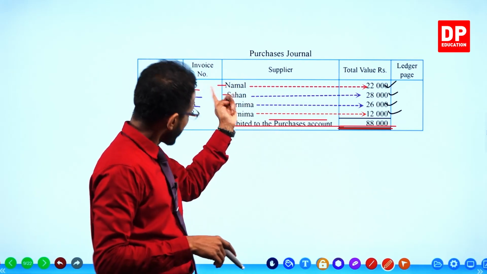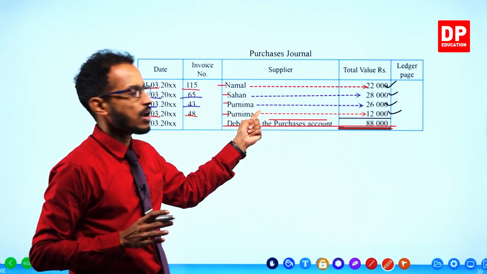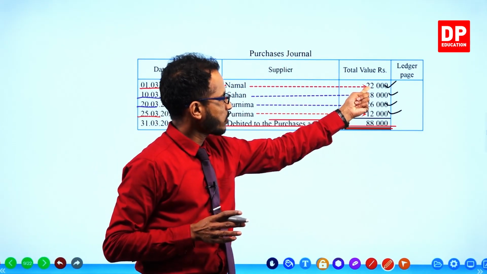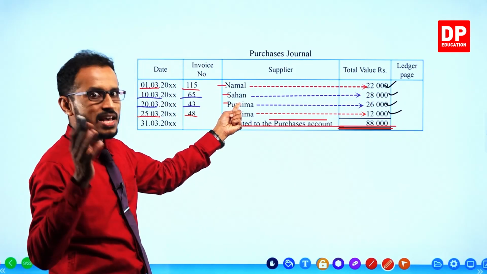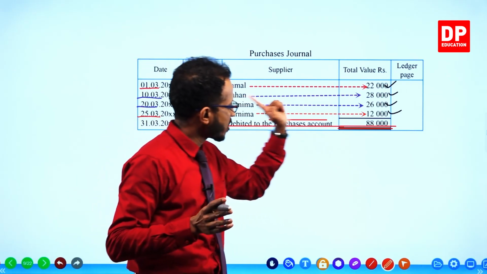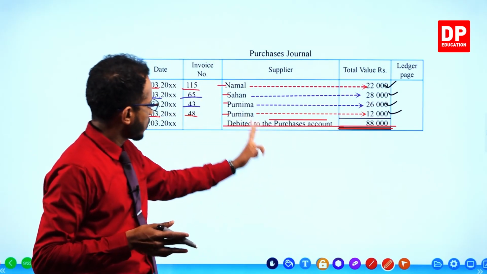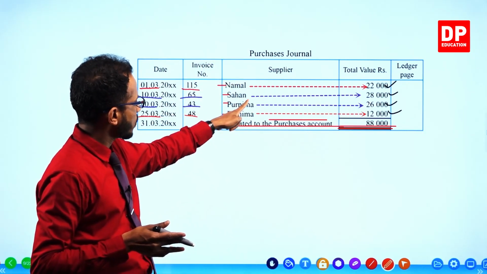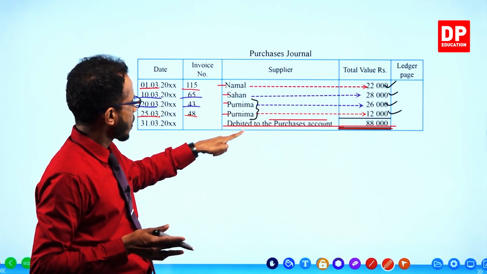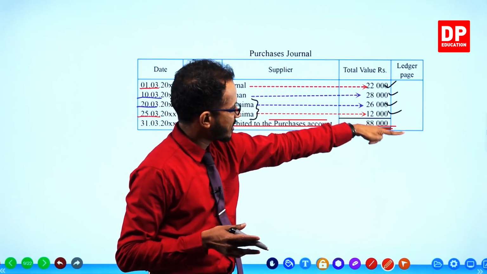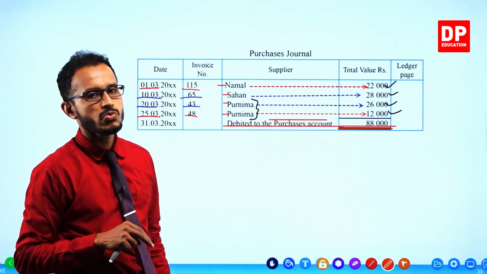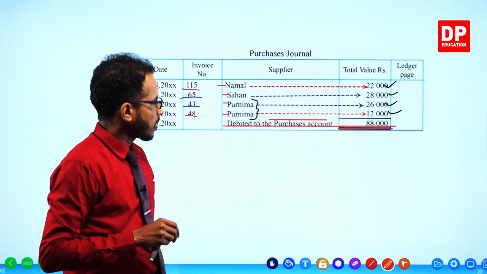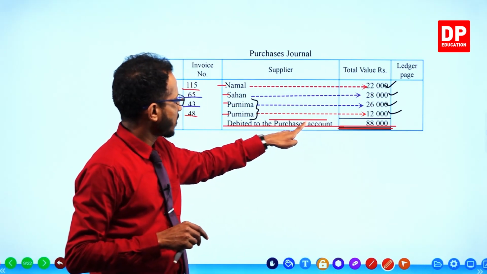Individually, which means Namal, you should draw a separate account called Namal account. Credit 22,000. Draw a separate account called Sahan's account. Credit 28,000. Draw another account called Purnima account and credit 26 and 12,000 both. Then 88,000 is debited in the purchases account.